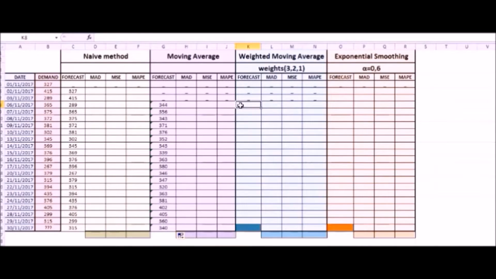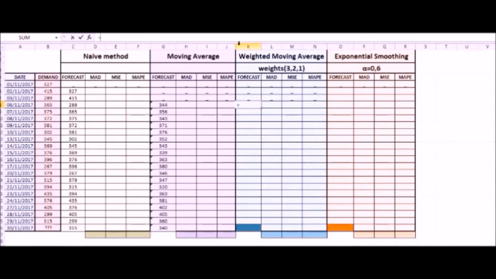The third technique is weighted moving average. As for weights, we have 3, 2, and 1, where each forecast will be calculated by multiplying the given demand by its associated weighting, then summing the values and dividing by the total weights.